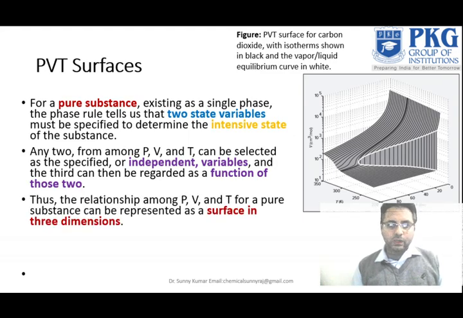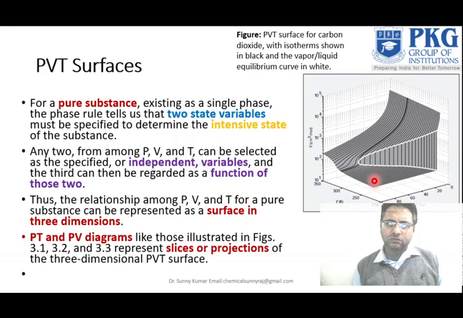Thus the relationship amongst pressure, volume and temperature for a pure substance can be represented as a surface in 3 dimensions. So you can represent this in a 3D diagram.